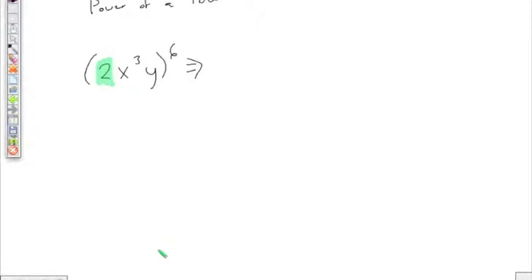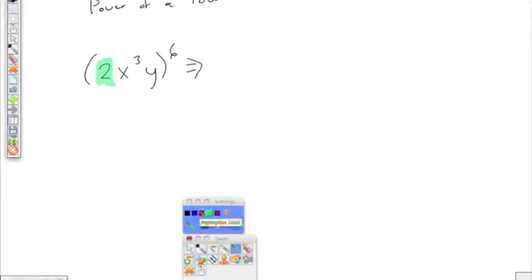X. And then my next base number is what? And it's really not just x, guys, it's everything, but it's x to the third. Right? And now my last base number is y.